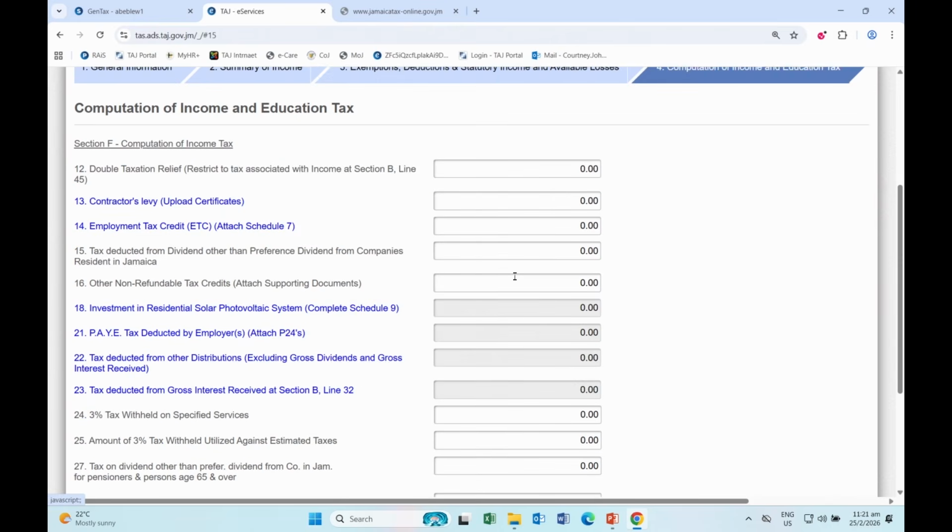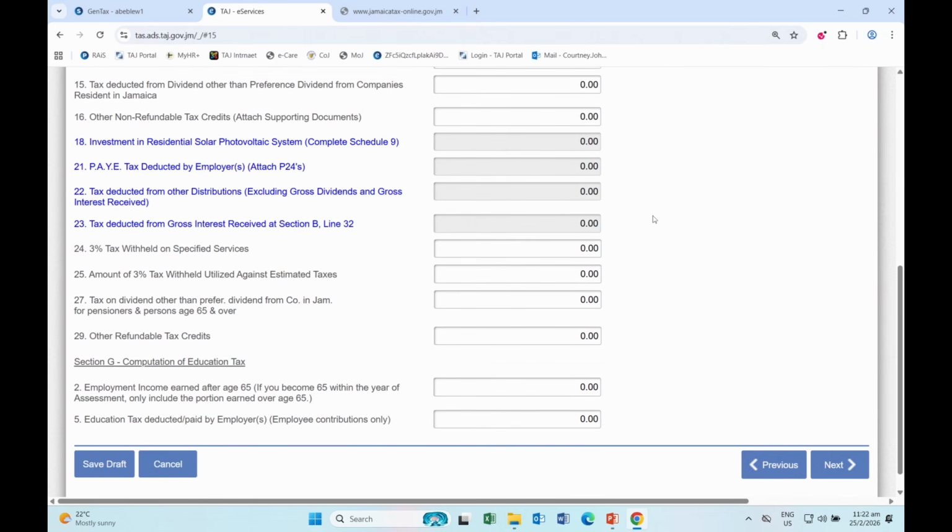On this next page, we're going to be computing the income tax and education tax. Let's look at the line items based on the scenario. He had specified services, an amount was withheld from services that he would have provided, and that amount is $115,000, right?